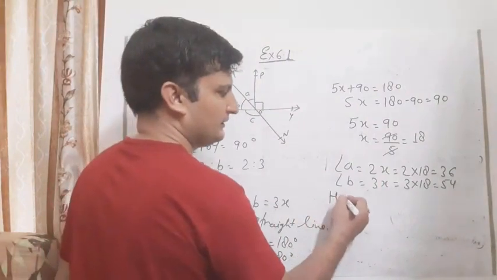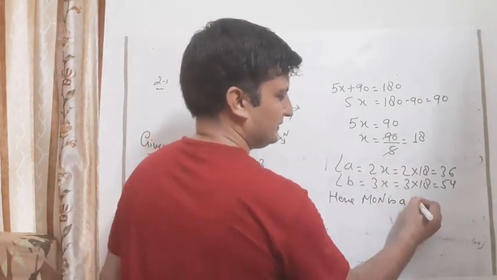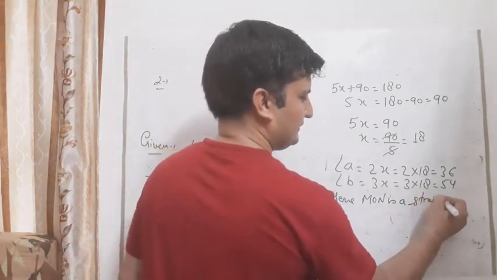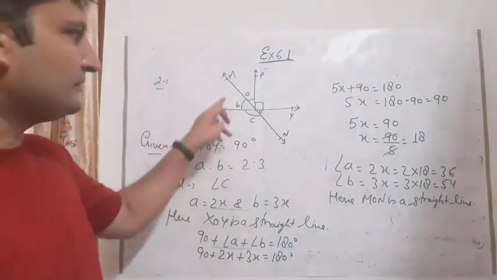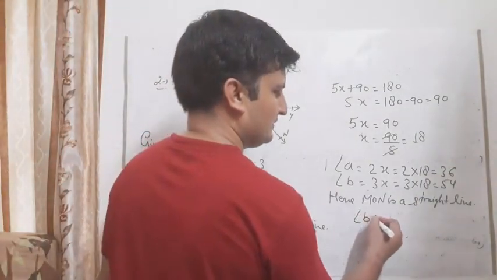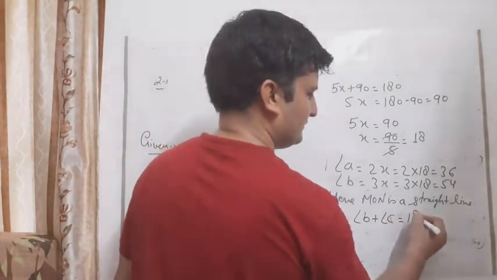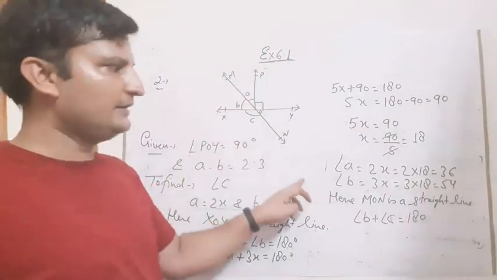MON is a straight line. So the sum of these two angles will be 180 degrees. So angle B plus angle C is equal to 180 degrees.